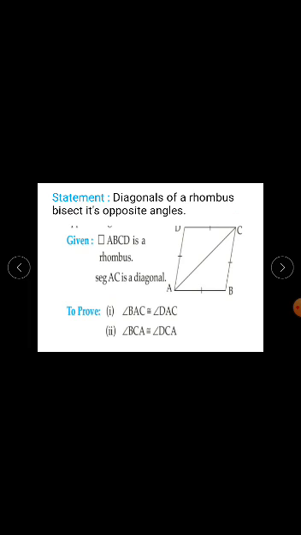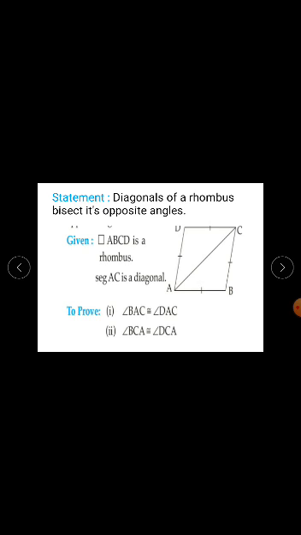Side BC is congruent to side DC, again the reason is sides of a rhombus. Side AC is congruent to side AC, reason is common side. So, these two triangles are congruent by SSS test of congruency.